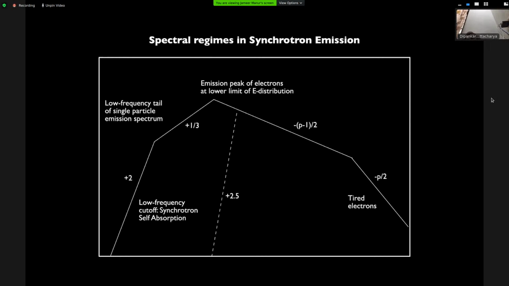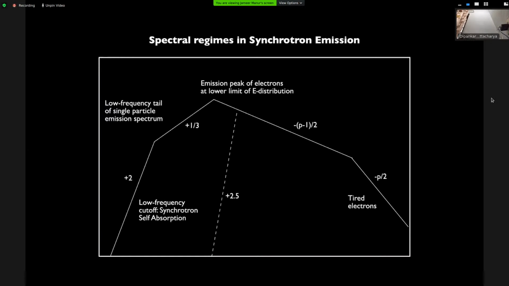However, if you keep going to higher and higher frequencies, the energy loss rate from an electron is proportional to Lorentz factor squared, whereas the total energy content of the electron is proportional to Lorentz factor. So above a certain frequency, the energy loss rate of the electrons will become overwhelming, and the electrons will lose their energy very quickly and become tired.